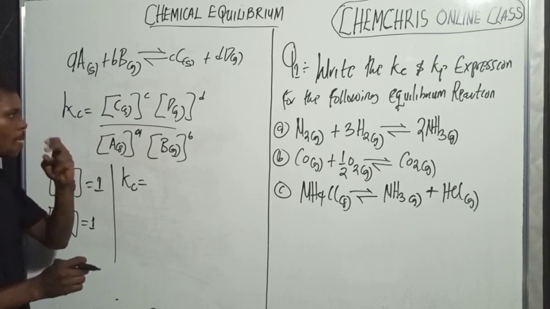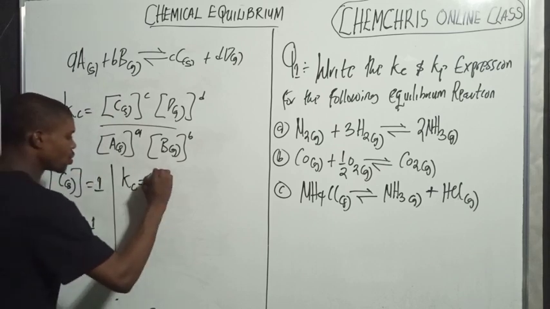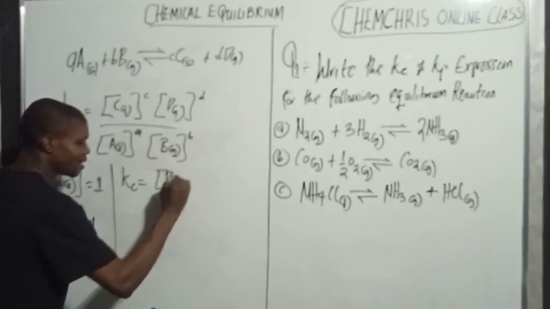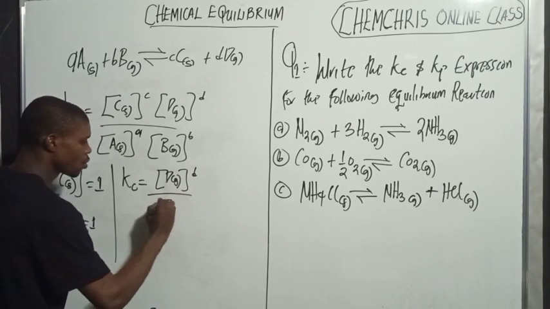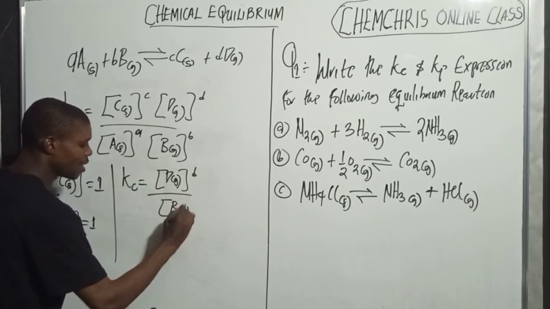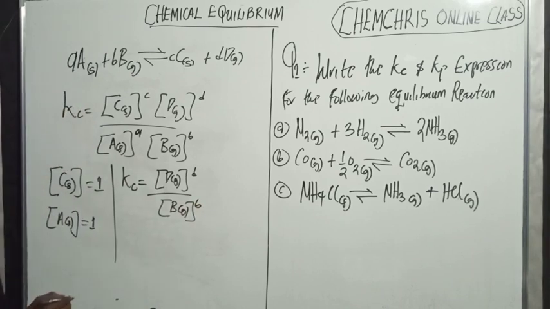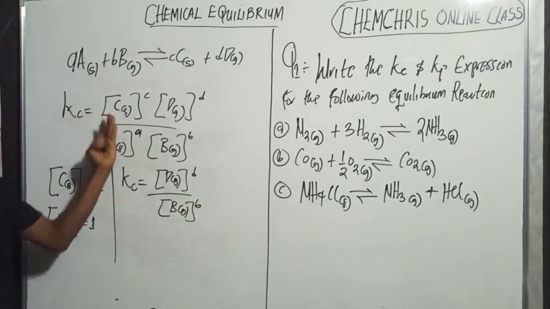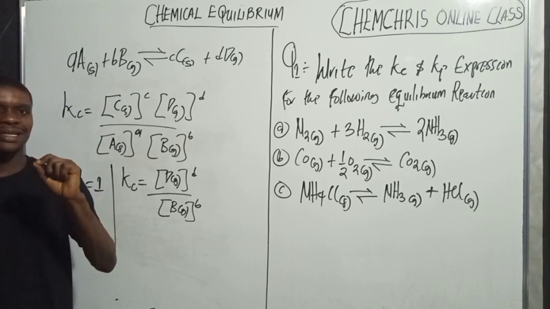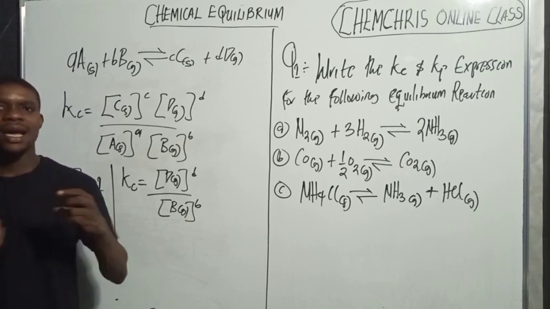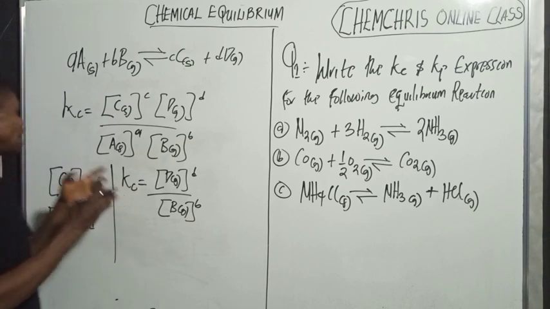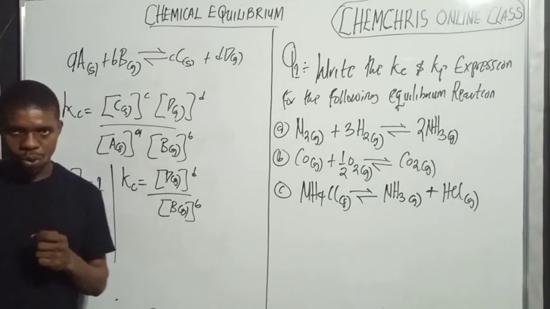Do you understand? So it does not count. So it's going to be the concentration of D gas over the concentration of B gas. We don't use these two here because they are solid, and the concentration of solids when writing the equilibrium constant expression is always equal to one.